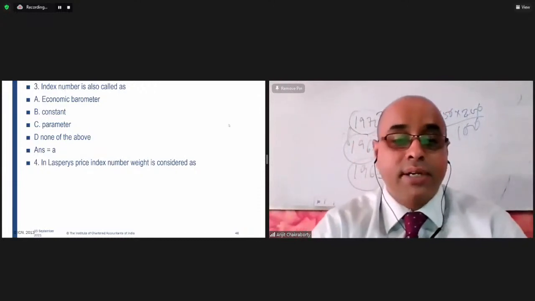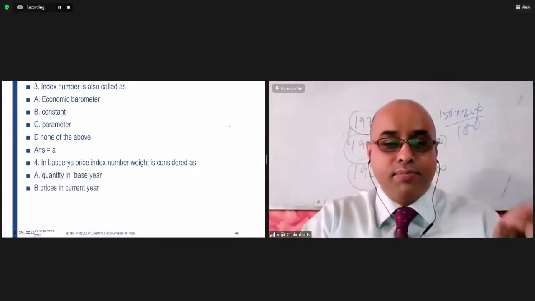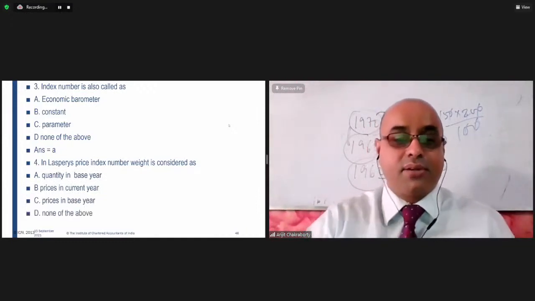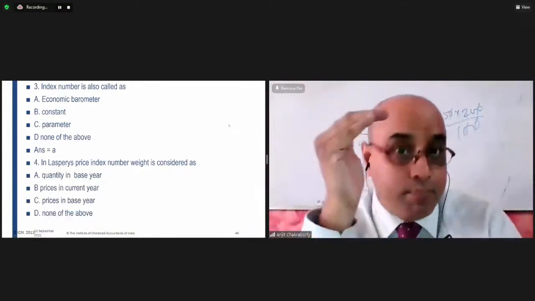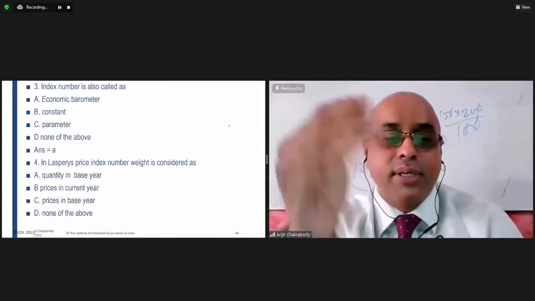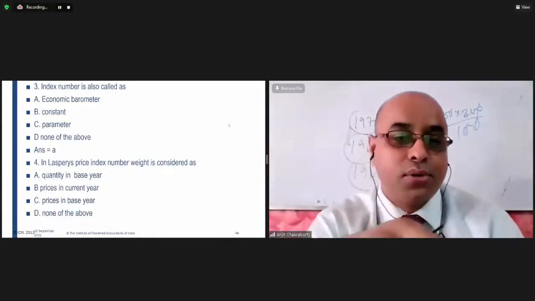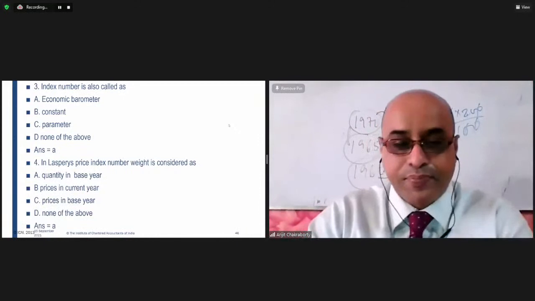In last period's price index number, weight is considered as what? Quantity in the base year, price in the current year, price in the base year, or none of the above? You remember last period's price index, the formula is sigma P1 Q0. So the weight is always the quantity in the base year, Q0. So the answer is option A.